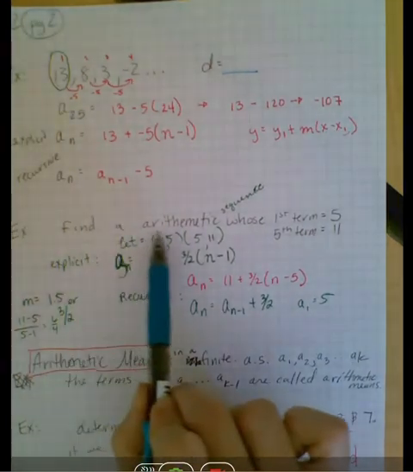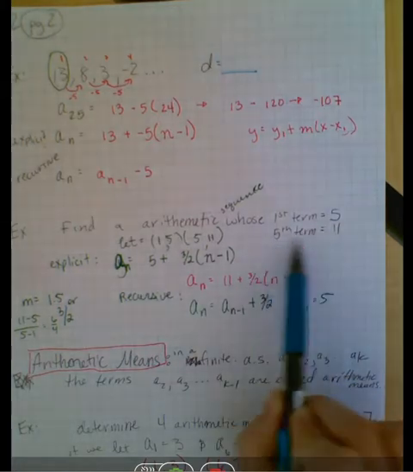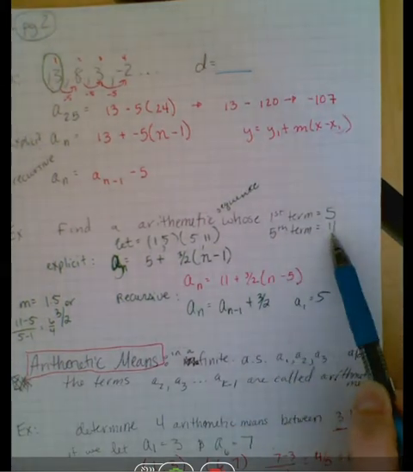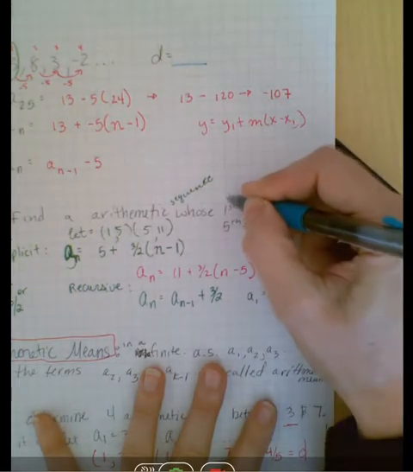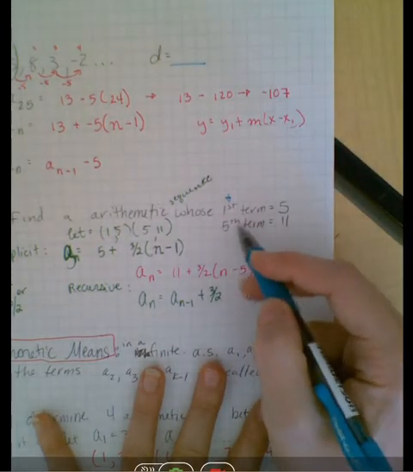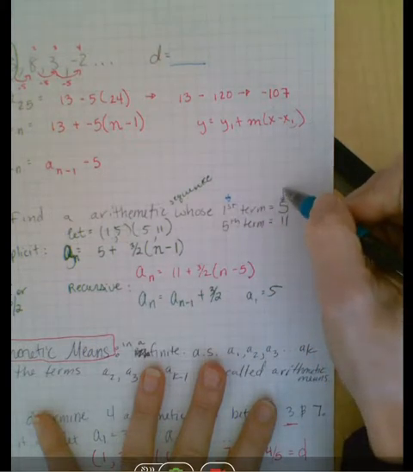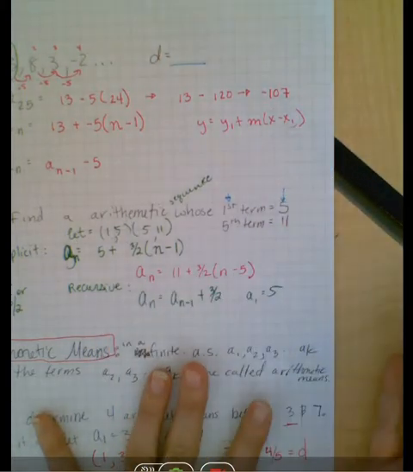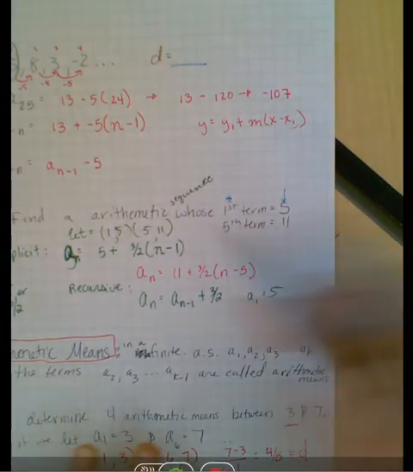Example, find an arithmetic sequence whose first term equals 5 and its fifth term equals 11. Well, that's kind of tricky, but I think we can figure it out. If I know that I'm looking at an x that is representative of the placement of the term and a y that's representative of the output of the term, I can find my common difference because all I'm really looking for is slope, right?